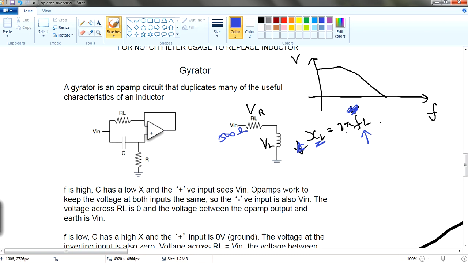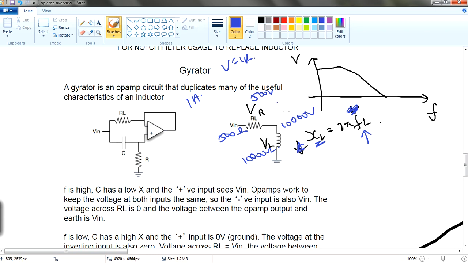Let's say when it increases already, it becomes maybe 10,000 ohm. Comparatively, this is going to be huge, right? So if your current is still 1 ampere, V equals IR. In this case, you're going to have 500 volts, while you're going to have 10,000 volts.